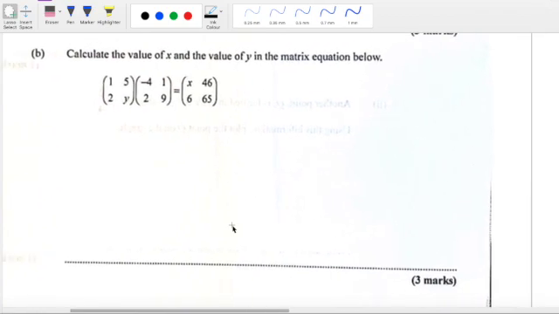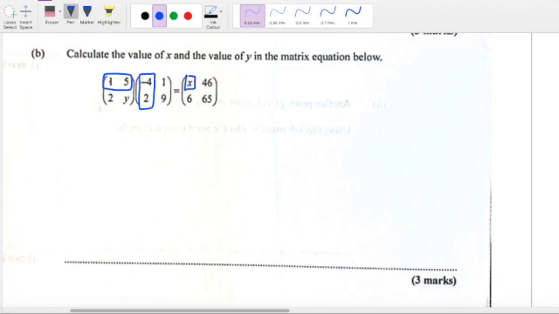Calculate the value of x and the value of y in the matrix equation below. Well, this is interesting because you need to know how to multiply matrices. When I multiply this row by this column, I will get this element.